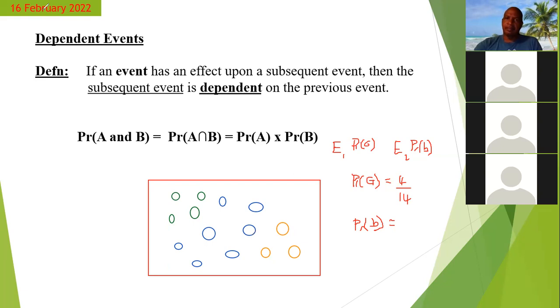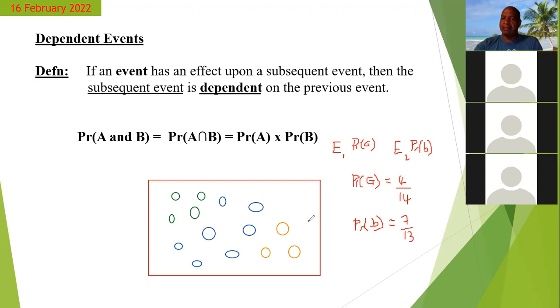Would it be 7 out of 13, sir, since it was not replaced? It would be 7 out of 13 since it was not replaced. And in this case, what happened before in event 1 would affect the probability of event 2, because whereas the probability of event 1 is out of 14, the probability of event 2 now is out of 13, right?